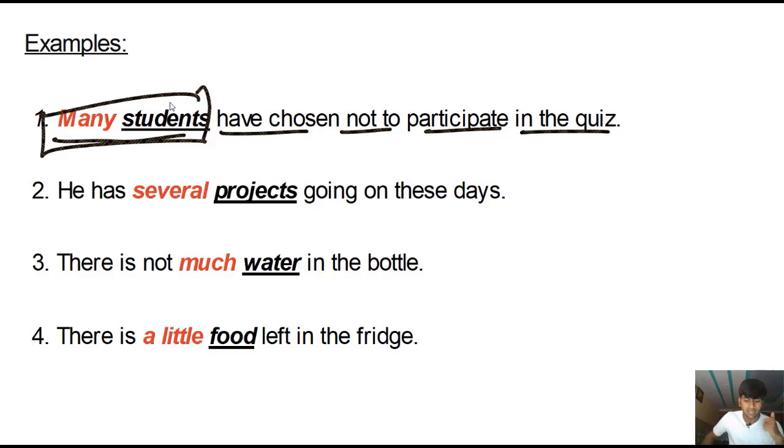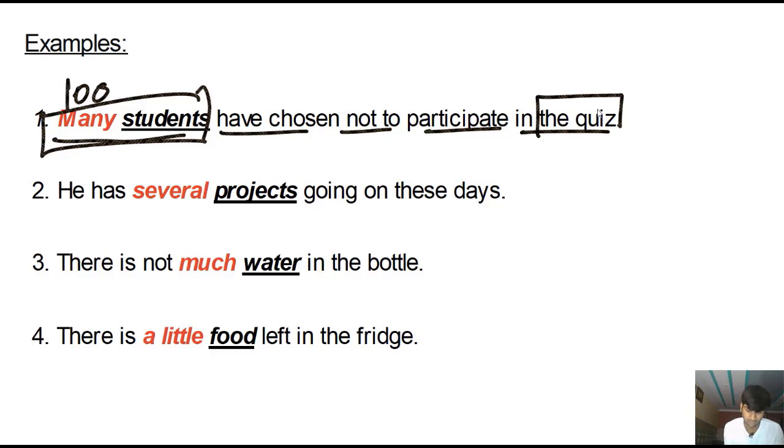If you want to show the exact number, we can say 100 students have chosen not to participate in the quiz. But you cannot use a quantifier plus a number. You cannot say many hundred students or some 100 students.